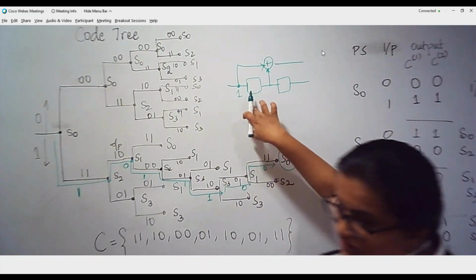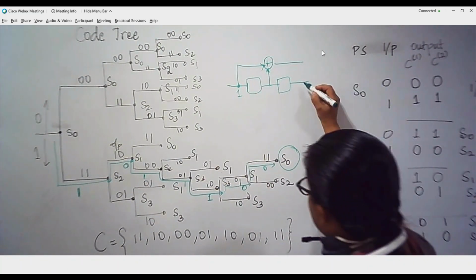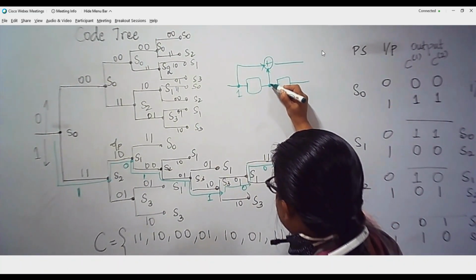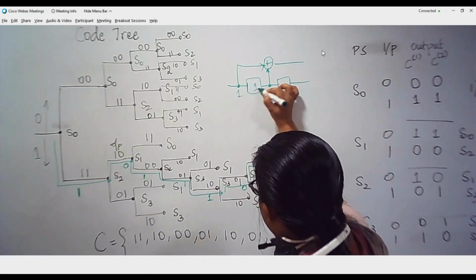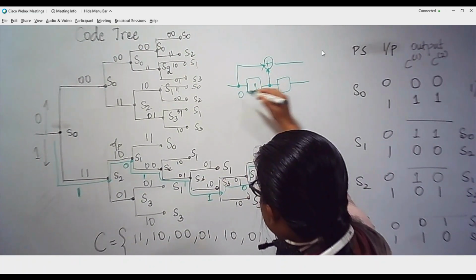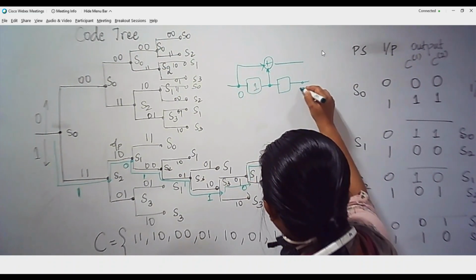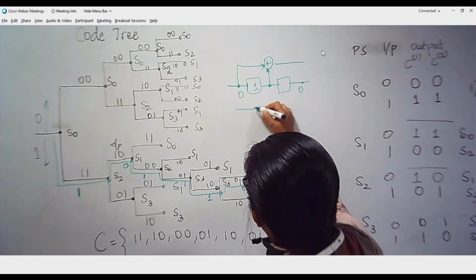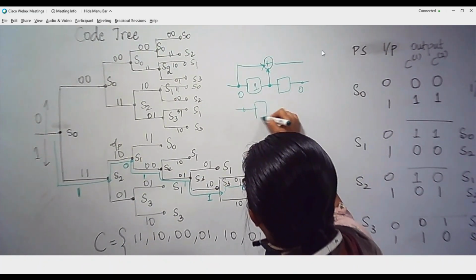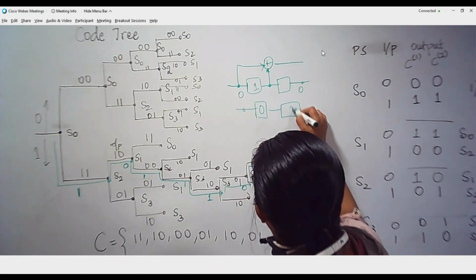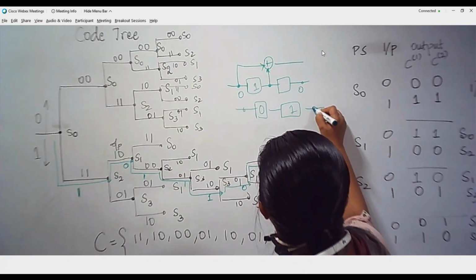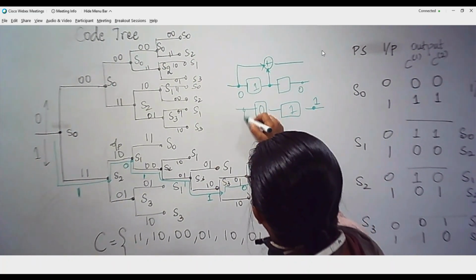Now it needs to get flushed out from the shift register. So you are going to push this into the flip-flop and you are currently naming this as 0 and this is also 0. Then you are going to push this within 0 and this you are going to put as 1. So the output at this point will be equal to 1 and this will be 0.